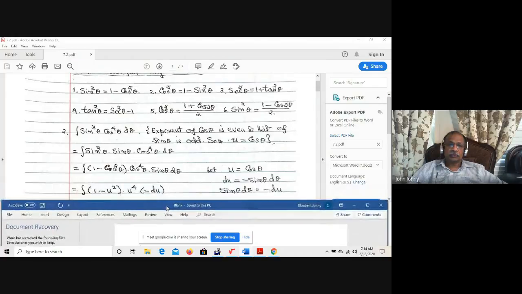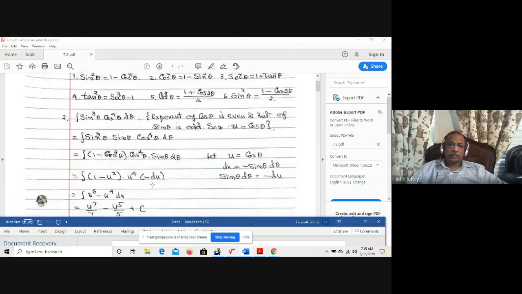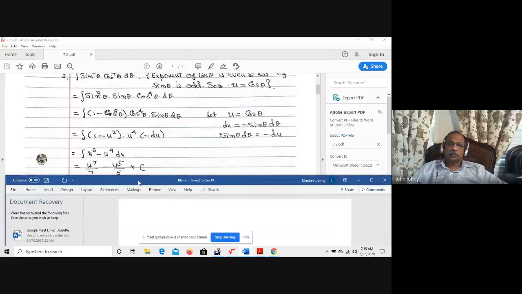You distribute, you have u to the 6 minus u to the 4 du, and that is equal to u to the 7 over 7 minus u to the 5 over 5, that's the power rule, plus constant of integration.